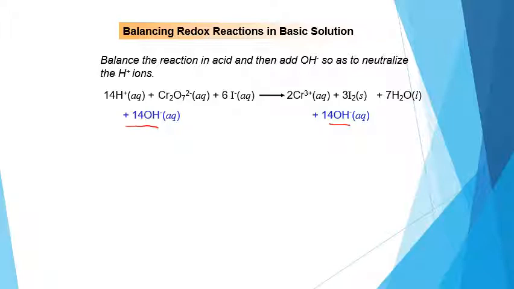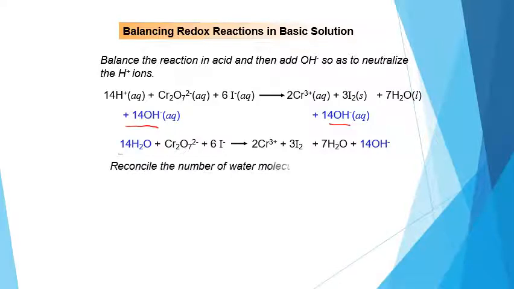Now in this case, you have 7 H2O plus 14 OH minus. So the total here is 14 H2O plus Cr2O7 2 minus plus 6 I minus to 2 Cr3 plus 3 I2 plus 7 H2O plus 14 OH minus.